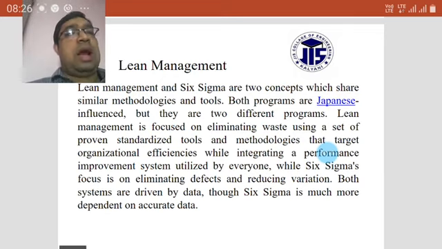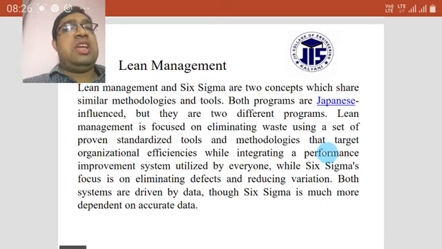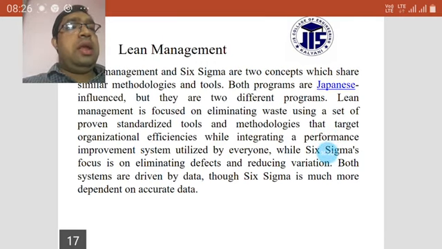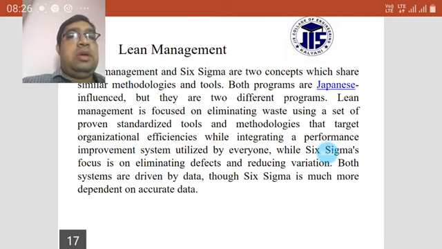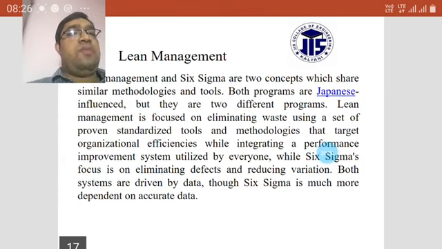That targets the organization's efficiencies, while integrating a performance improvement system utilized by everyone.